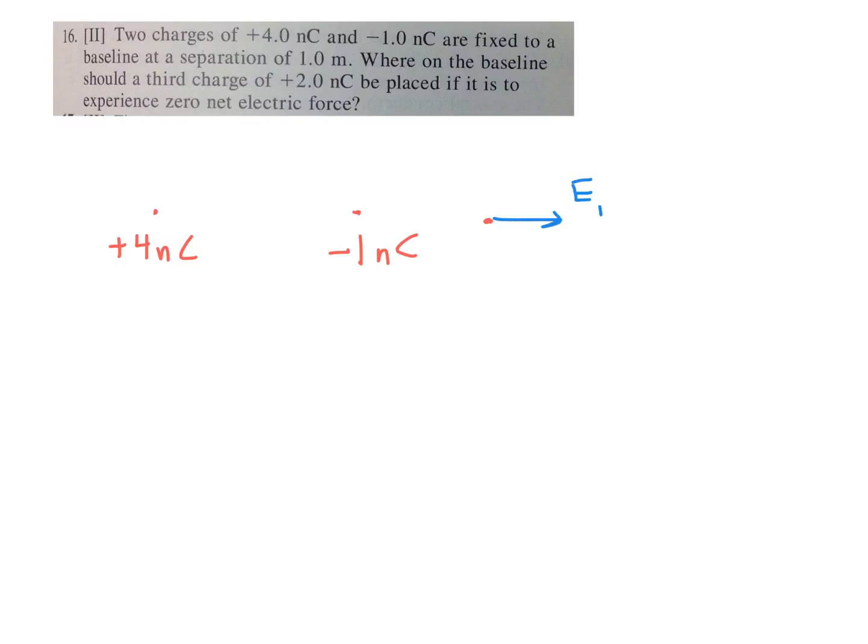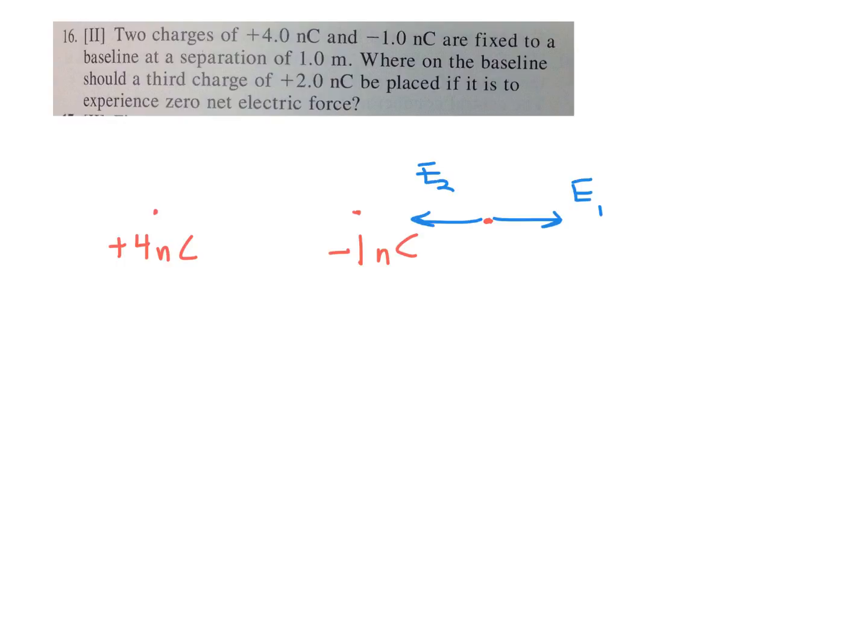Although we don't want that charge out there to be so dominant that it's affecting the other charges, but we're ignoring that for now. The negative 1 nanocoulomb charge, however, has a field that always points in. I could draw a bunch of field vector arrows, but it's always towards the minus 1. Now, I'm going to call that E sub 2, based on the second charge.